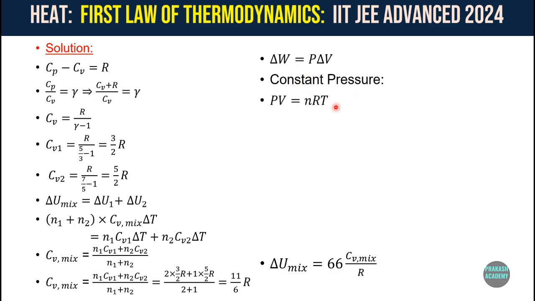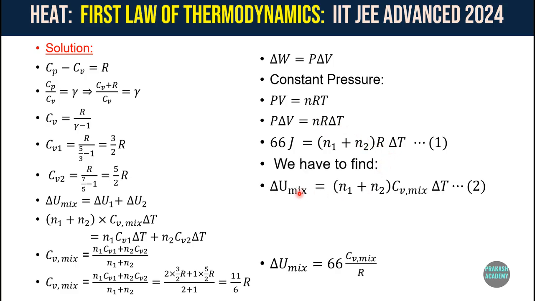Using PV equals nRT and differentiating, with P constant, n constant and R constant, we get P delta V equals nR delta T. Delta W is 66 joule, and the total number of moles of the mixture is n1 plus n2.